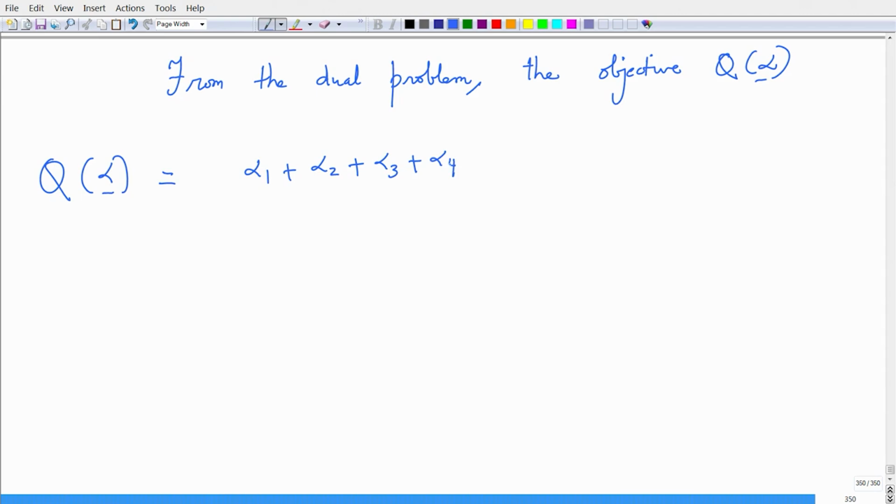Just recall that it is summation i equals 1 to 4 alpha i minus half times summation i equals 1 to 4, summation j equals 1 to 4, alpha i alpha j di dj, and then the kernel acting on this, right. If I simplify this, I get alpha 1 plus alpha 2 plus alpha 3 plus alpha 4 minus 1/2 this quantity here.